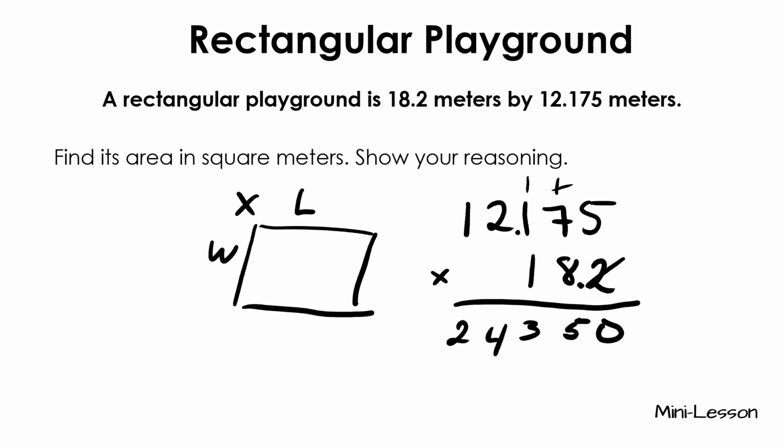And I'm going to cross out all of my carryings. We're on to 8. And because we're done with this place value, we put a 0 there now. 8 times 5 is 40. I'm going to put down my 0 and carry my 4. All right. 8 times 7 is 56, I believe.